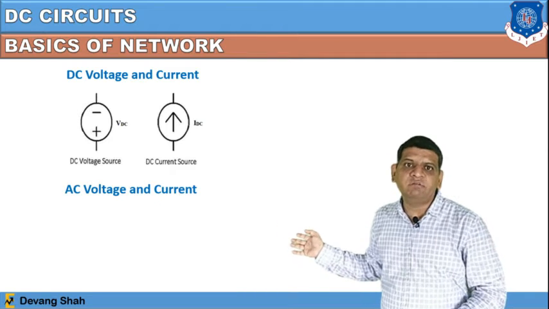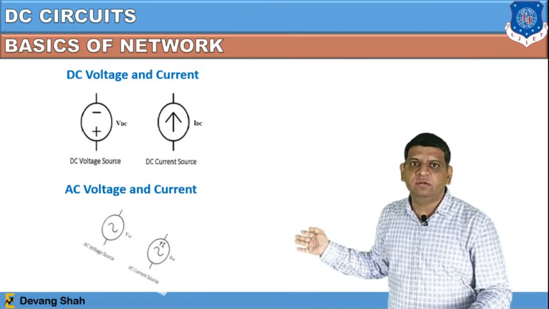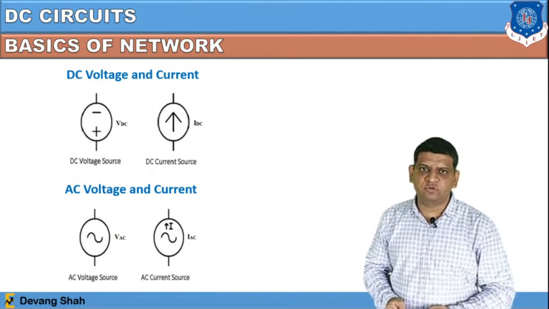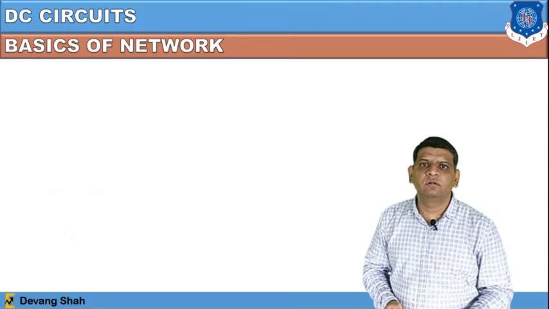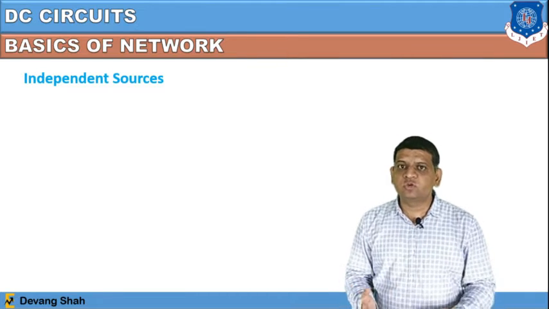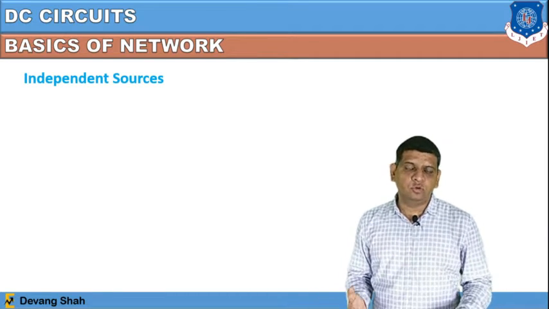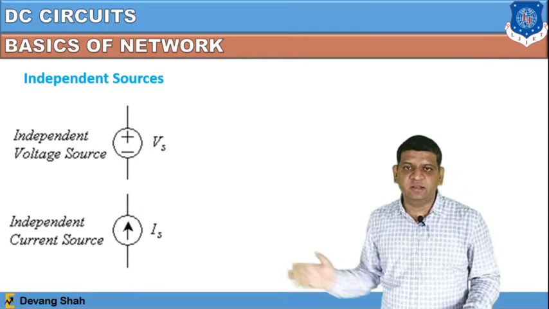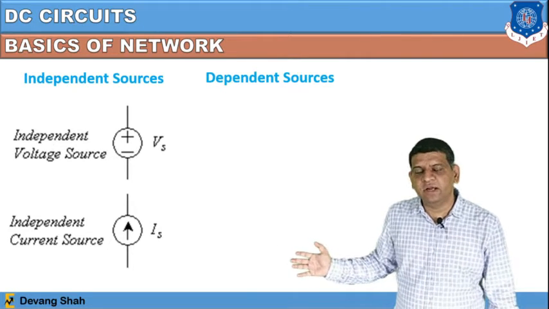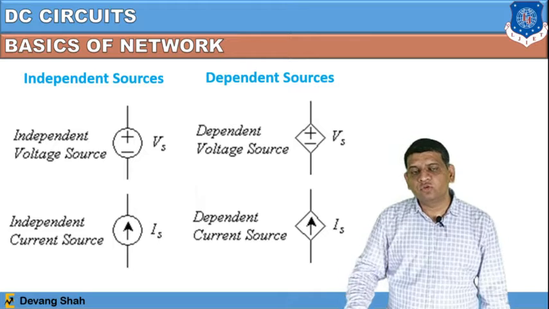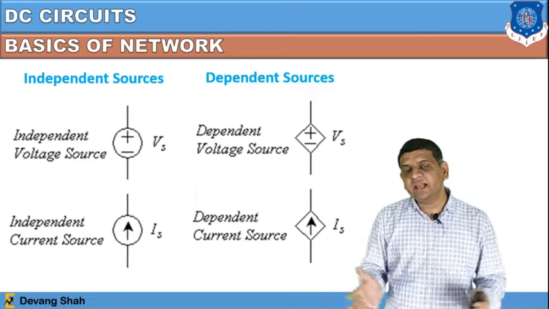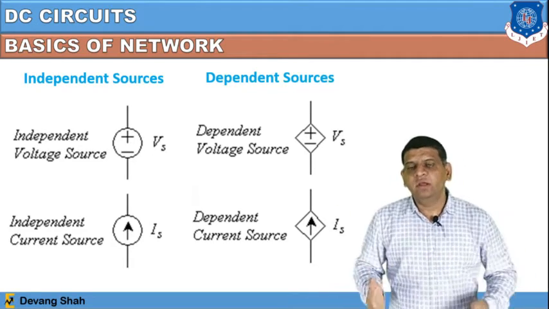In the same way, you have an AC voltage source and AC current source, and you can see their symbols here. Again, some of the sources are independent sources, defined here by their symbols, and some sources are dependent sources, which themselves depend on some other sources. These are the various components and elements that can be involved in a circuit design.